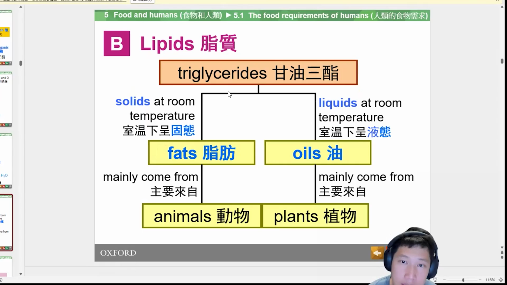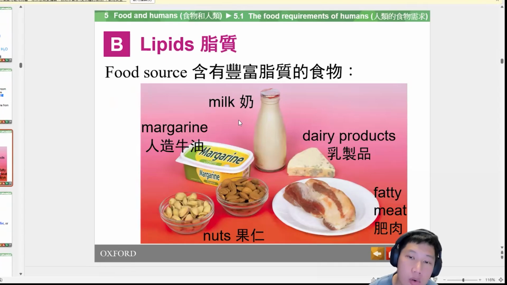Now, lipid comes in two forms. One is solid form. If it is solid at room temperature, then we say it is a fat. But if it is liquid at room temperature, then we say it is an oil. Foods that contain a very high percentage of lipid include full fat milk, margarine, nuts, and also fatty meats.